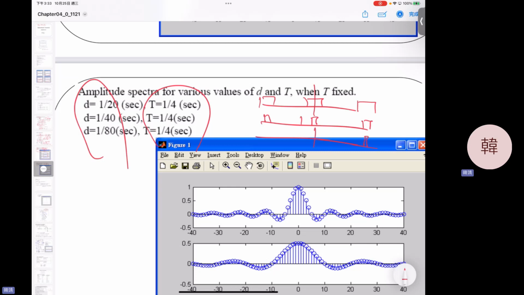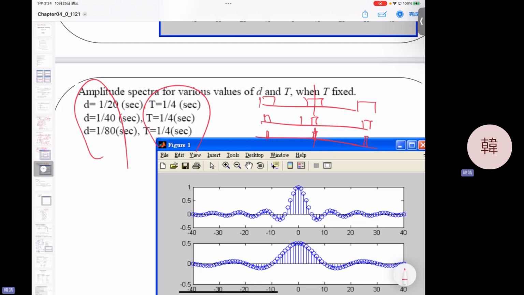And the third one is even smaller, half the width, right? In this example, the T, the fundamental frequency, happens the same. The second pulse, but the width goes from largest to medium to smallest size.